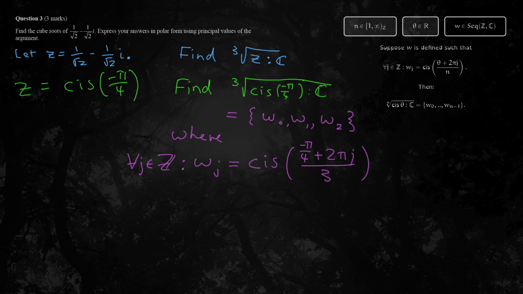Okay, so let's go ahead and simplify these wj's now. Let's change color. So w0 is cis of negative pi on 4 plus 2 pi j, where j is 0, so we don't need it, all divided by 3. And so this just simplifies to cis of negative pi over 12.